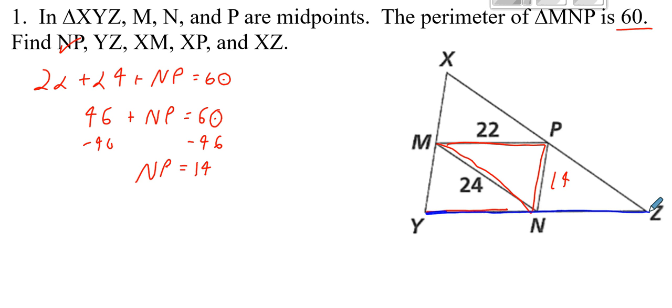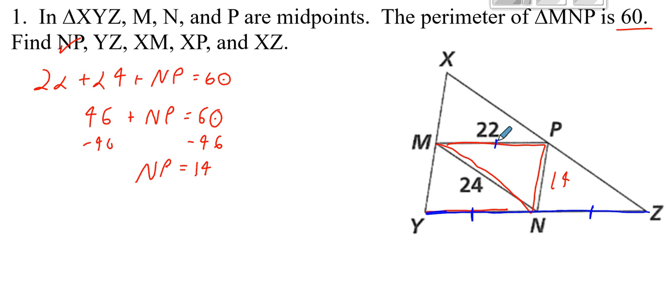One thing I should notice is that YN is congruent to NZ because N is the midpoint, so those two segments are equivalent. MP is the same length as YN because it's half of that.